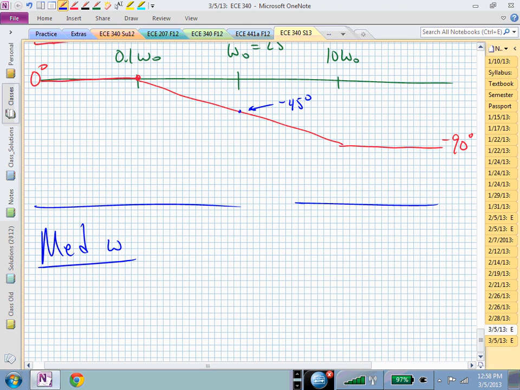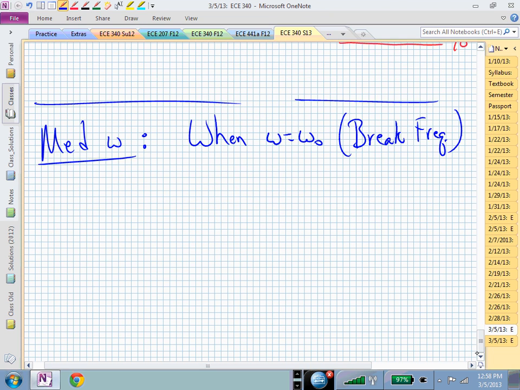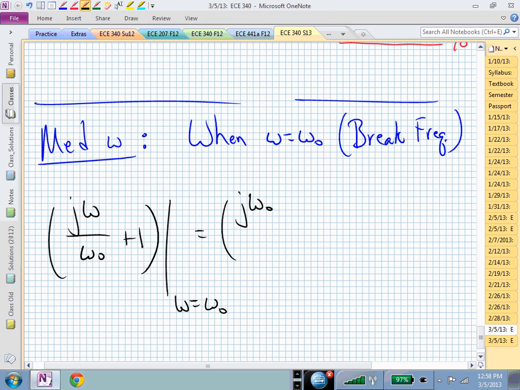If you're at the midpoint or the break frequency, we now have particular behavior for this linear factor. We now have this when our frequency omega is right at the break frequency, or when it's omega naught. This now becomes j omega naught over omega naught plus 1, or that becomes j plus 1.